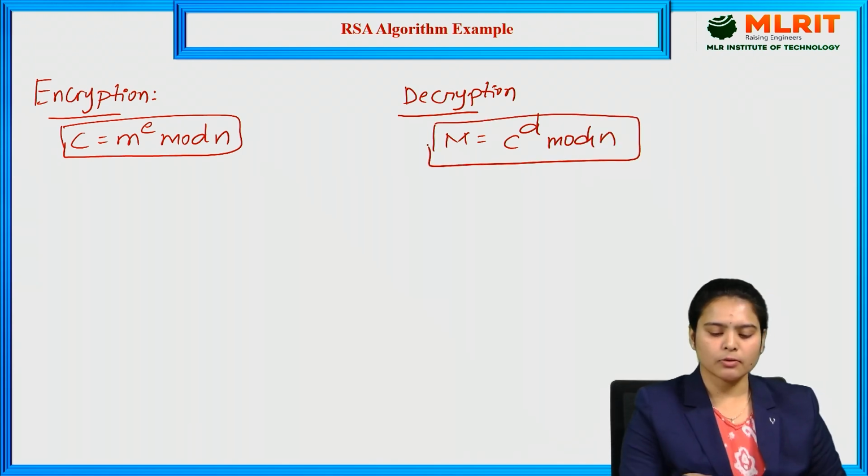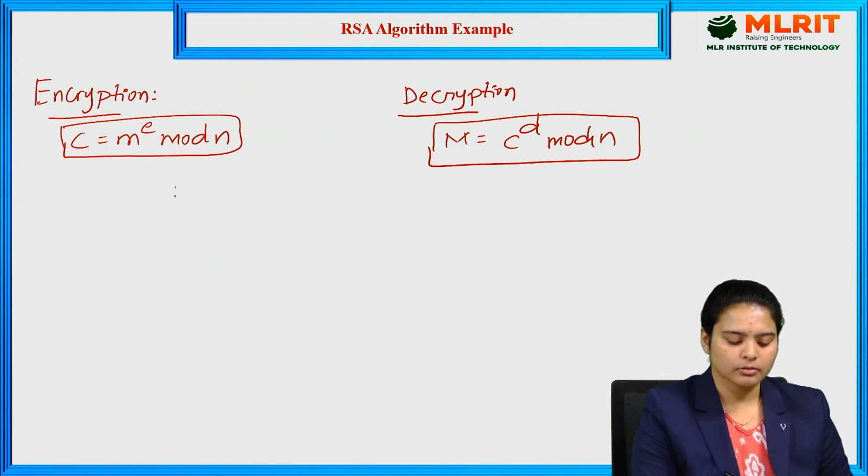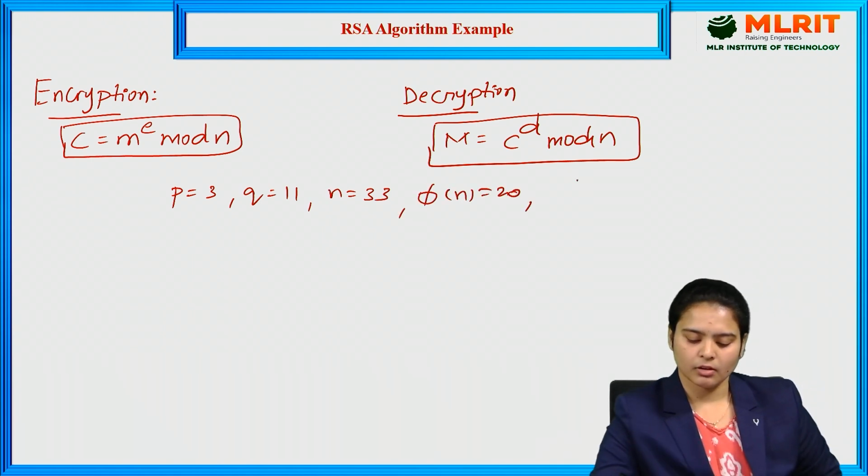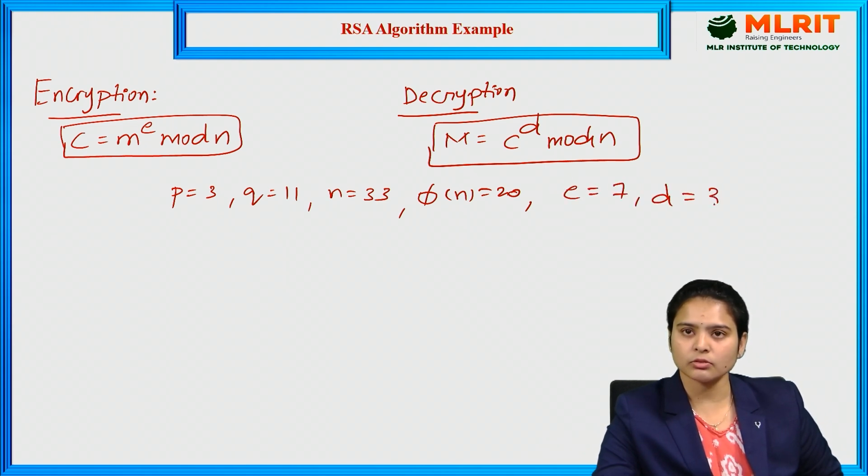We know all the values: P equals 3, Q equals 11, N equals 33, phi of N equals 20, and E equals 7 and D equals 3.